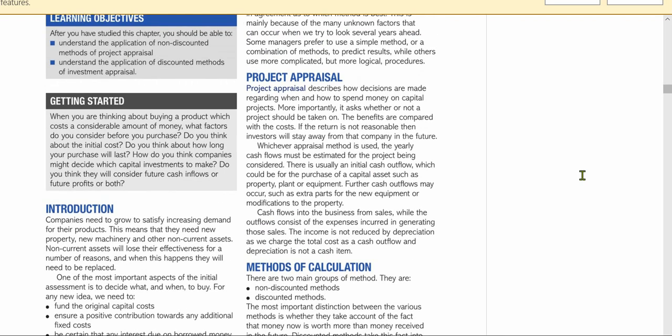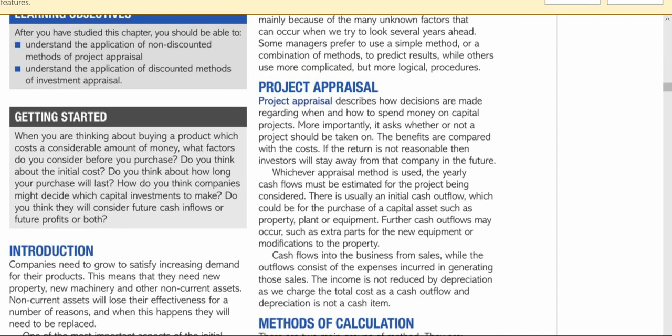Okay, so project appraisal, what is this? Project appraisal actually describes how decisions are made regarding when and how to spend money on capital projects. Which project will give us the maximum benefit, maximum revenue?